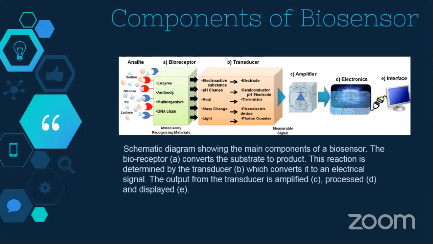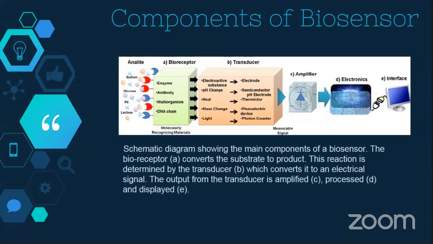These are mostly electronic terms, and most of you must be aware of it. A transducer is an element that converts one form of energy into another. In a biosensor, in particular, the role of the transducer is to convert the biorecognition event into a measurable signal.